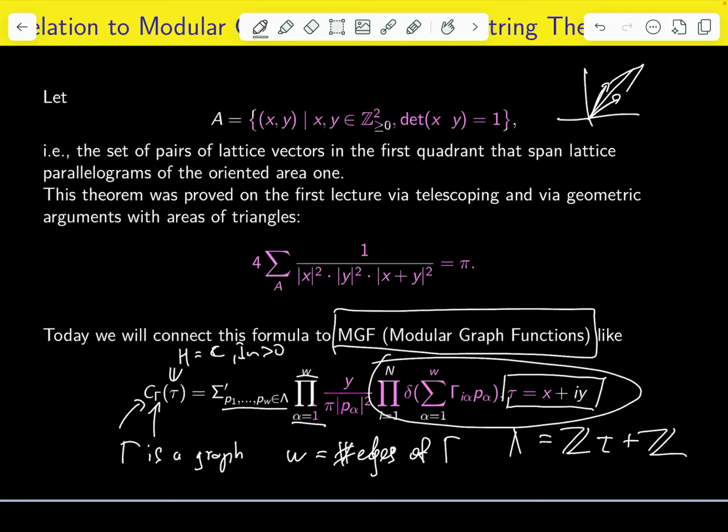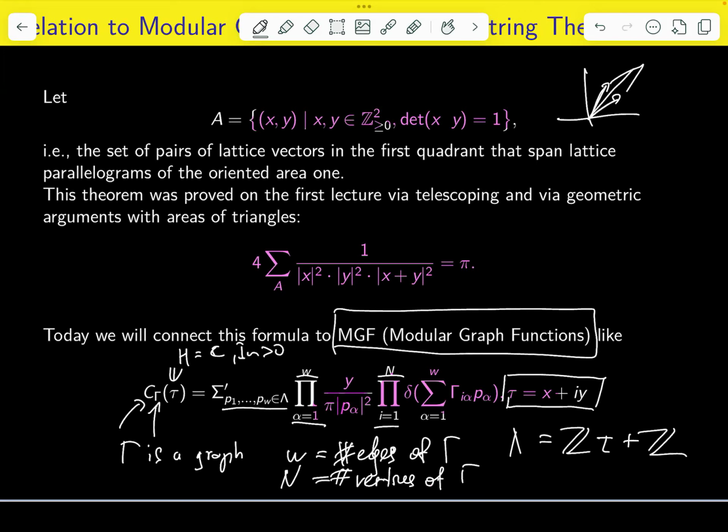So what it tells here: here is the product from 1 to n, where n is the number of vertices. For every vertex, you have such a condition, and the delta of this sum must be 0. This sum is just the sum of the labels on the incoming edges, with signs.